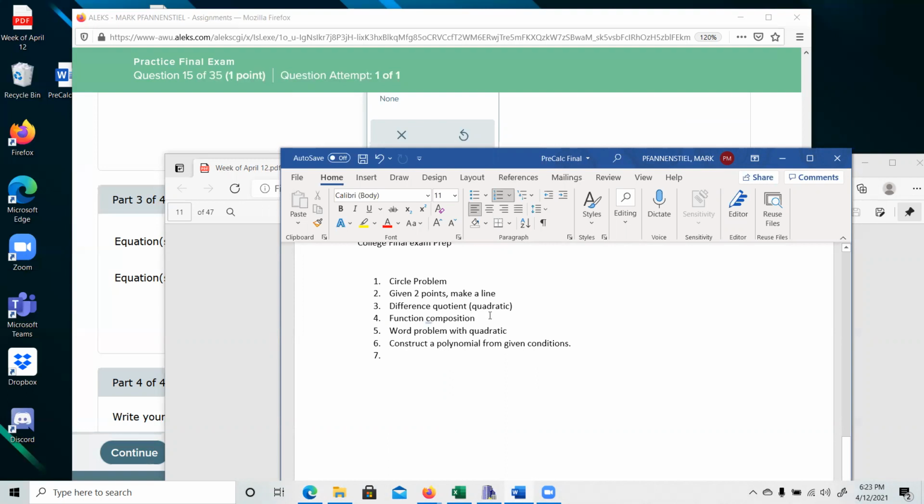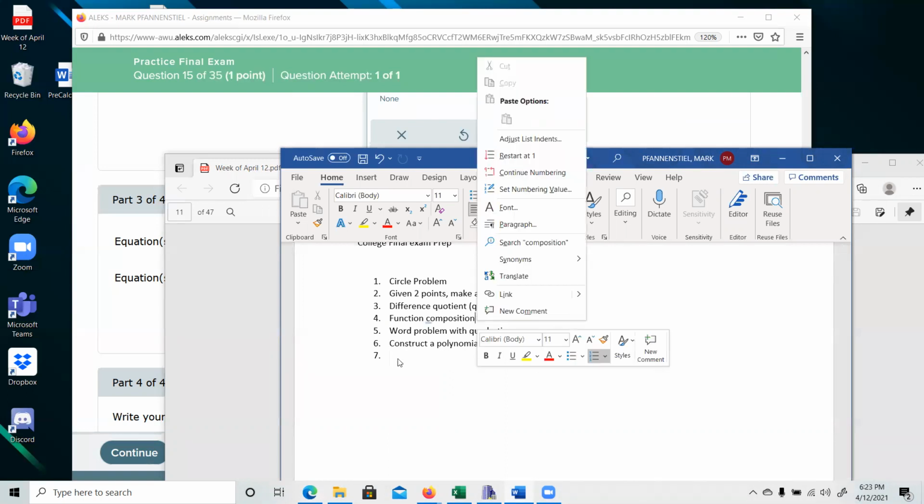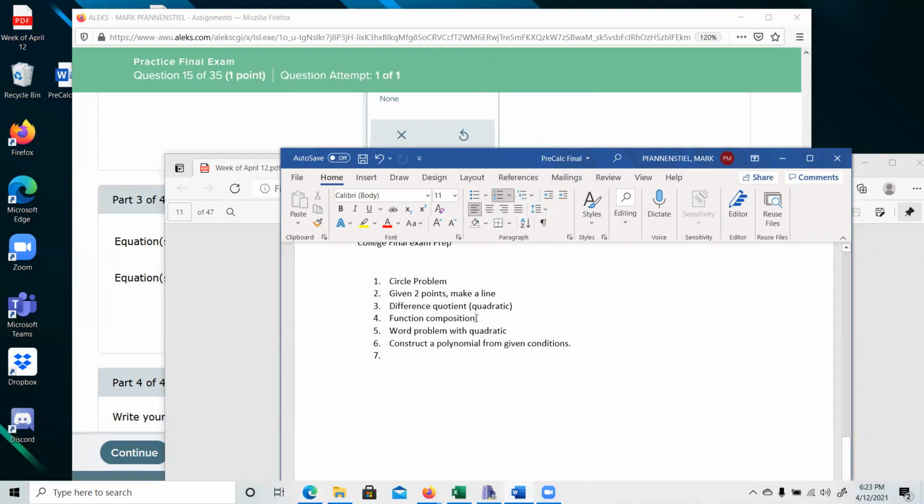Function composition, it won't be nuts with finding a domain. We'll keep it simple like we had here, which I'm underselling, because it really wasn't that simple, but it could be a lot worse. Word problem with quadratic, perfect. And construct a polynomial for given conditions.